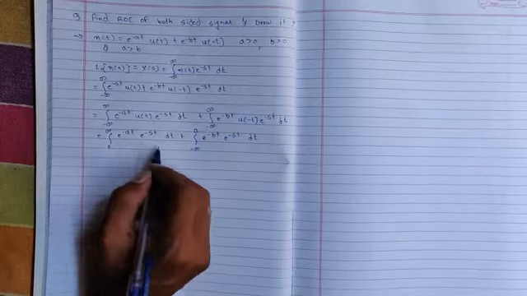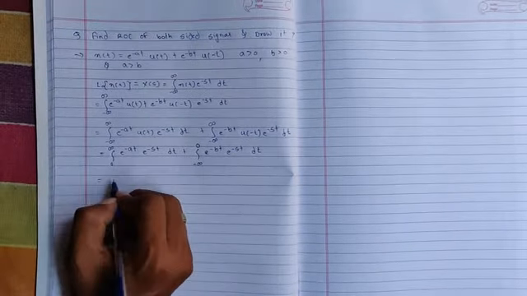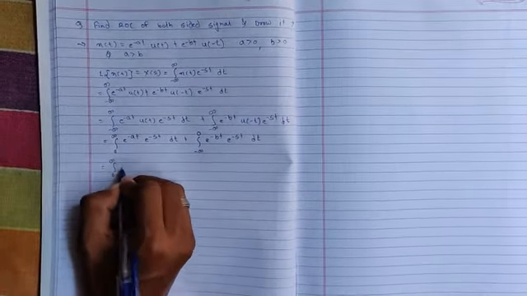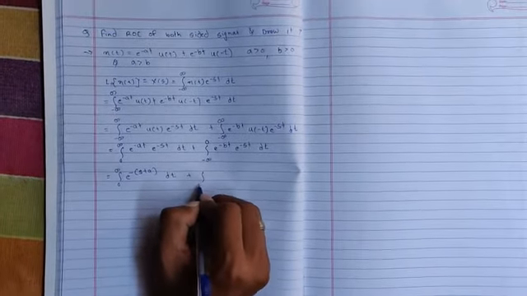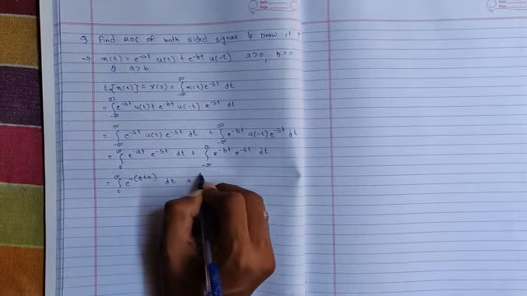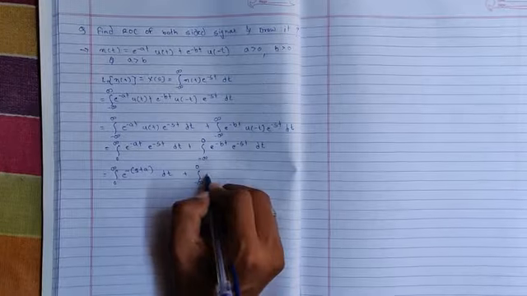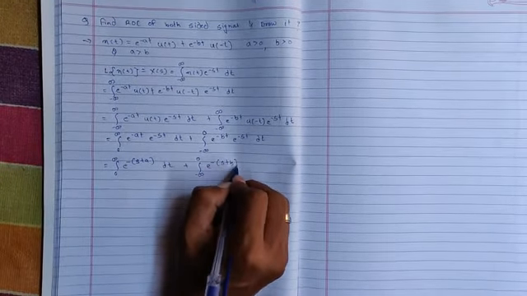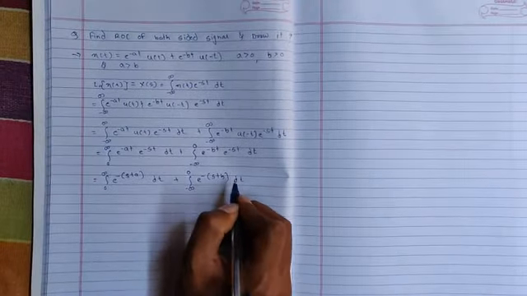Now we will take the exponential common, taking the minus sign common: the integration from 0 to infinity of e raised to minus (s plus a) t dt plus the integration from minus infinity to 0 of e raised to minus (s plus b) t dt.